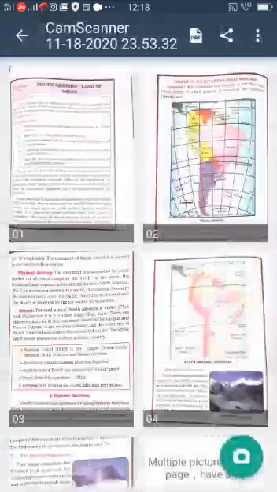Lake Titicaca is the highest lake in the world. Which is the highest lake in the world? Lake Titicaca, and it is the longest navigable lake in South America. Lake Junin, Lake Saracocha in Peru, and Lake Poopo of Bolivia are the other important lakes of South America.